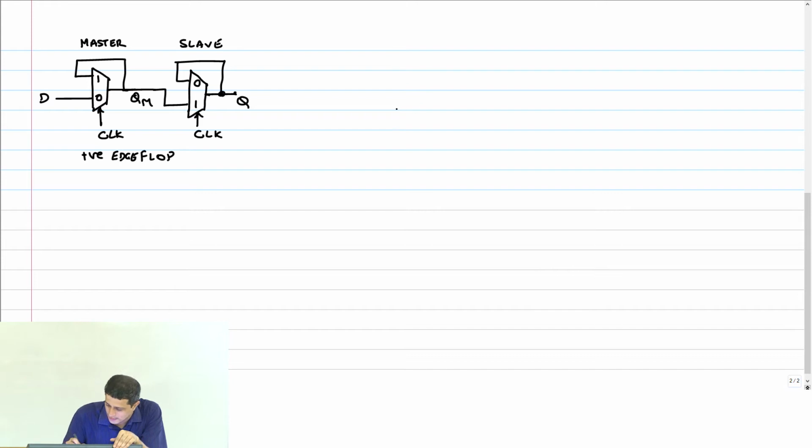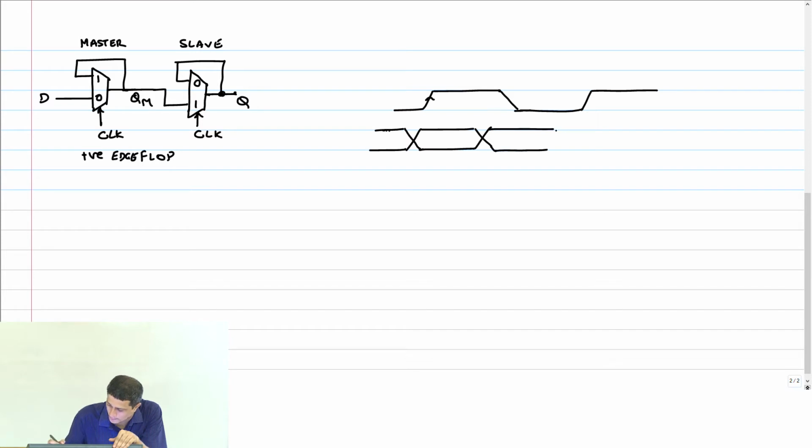Okay. So let's assume my clock is like this. And my D as usual makes some transitions before the clock, after the clock, and so on. Okay. I'll make some transitions here.